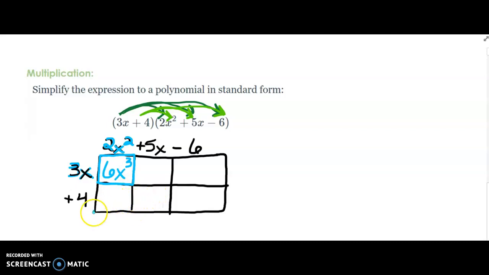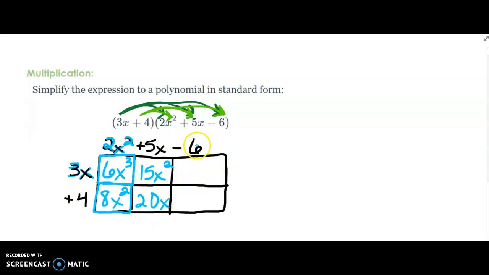If I'm focused on this square down here, again, all I care about, what row am I in, what column am I in? 4 times 2x squared gets me 8x squared. In this box here, 3x times 5x gets me 15x squared. In this bottom middle box, 5x, because that's my column, times 4, which is my row, is 20x.